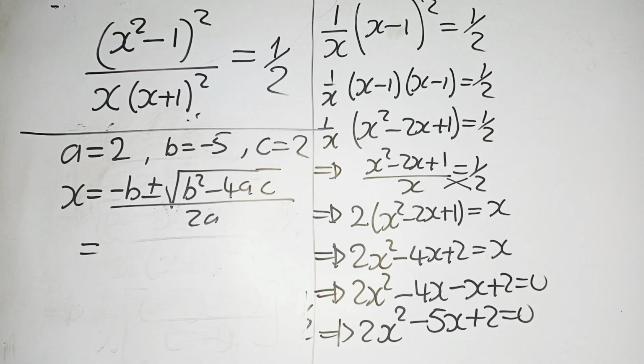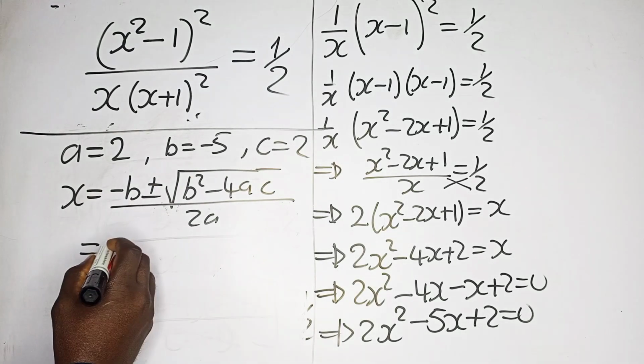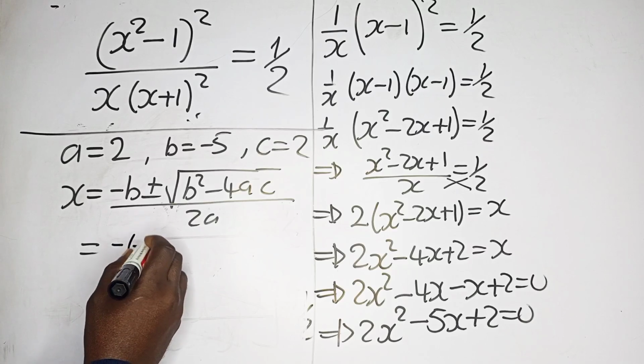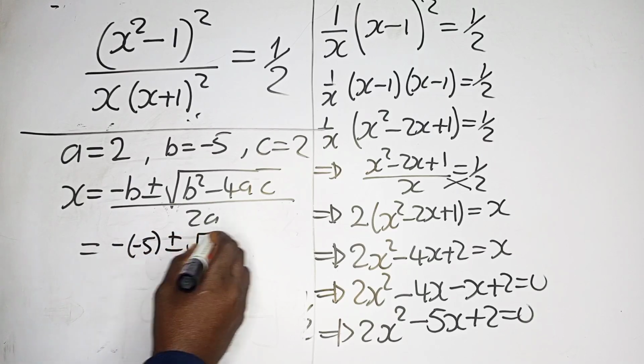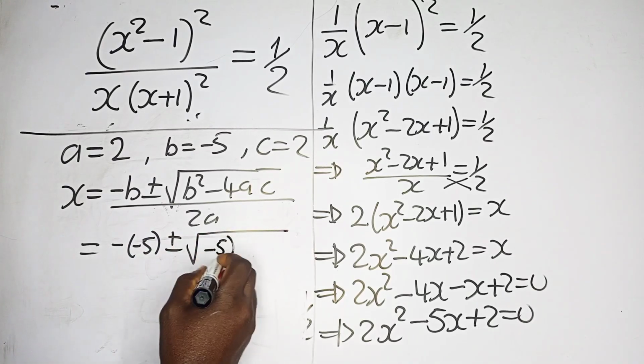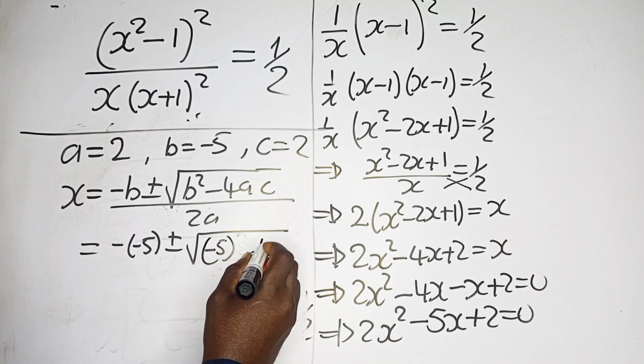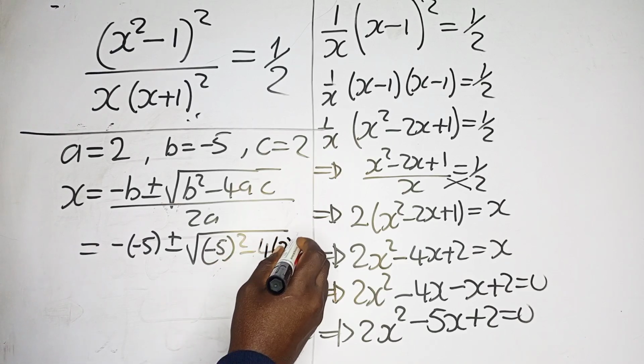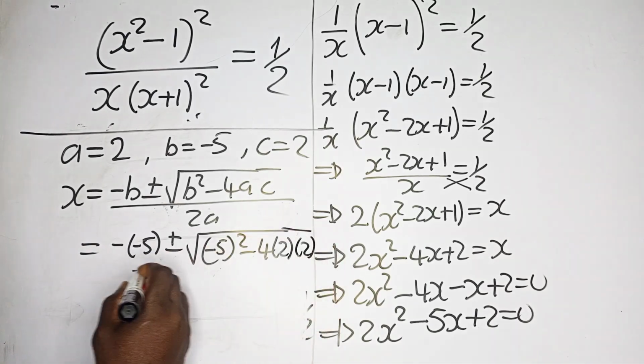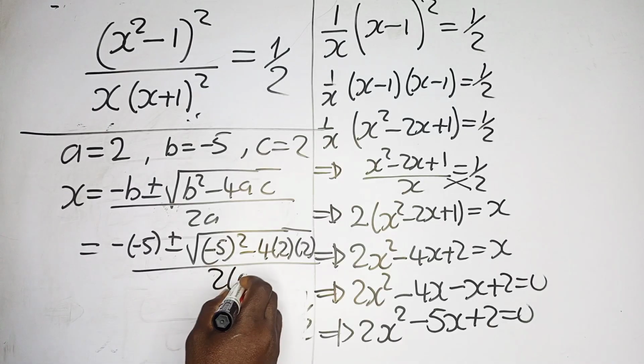Let's put the values of a, b, c carefully. This is negative b, which is −(−5), plus or minus the square root of (−5) squared minus 4 times a times c, all of that divided by 2a.